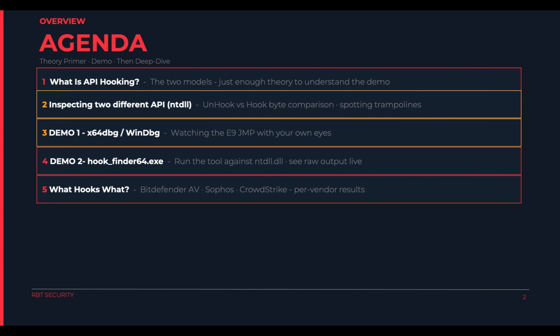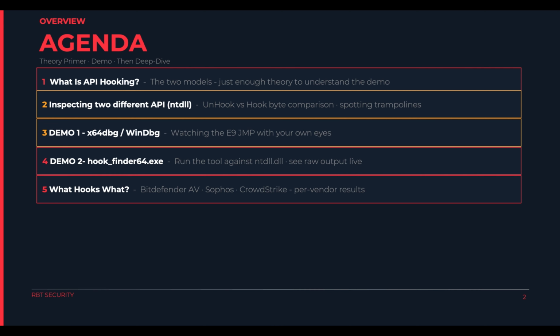Then we are going to use an automated tool called HookDefender64 running live against the Bitdefender protected machine, where we will see Bitdefender's hooked DLL injected into the process and the hooked Windows API function exported flag in real time. Finally, we are going to close with a vendor breakdown showing exactly how Bitdefender, Sophos, and CrowdStrike each handle hooking differently and why that matters for our red team operations.